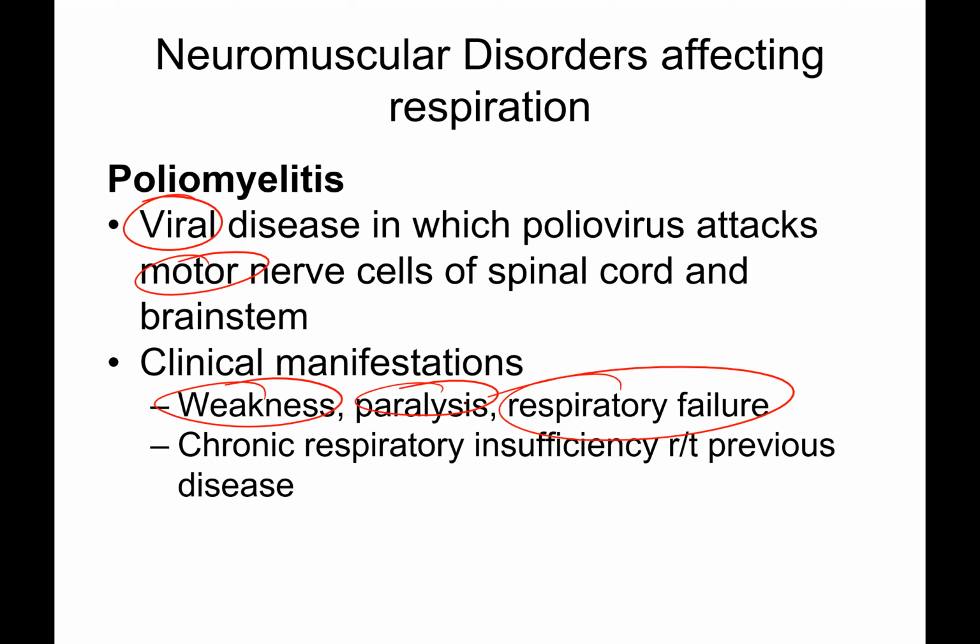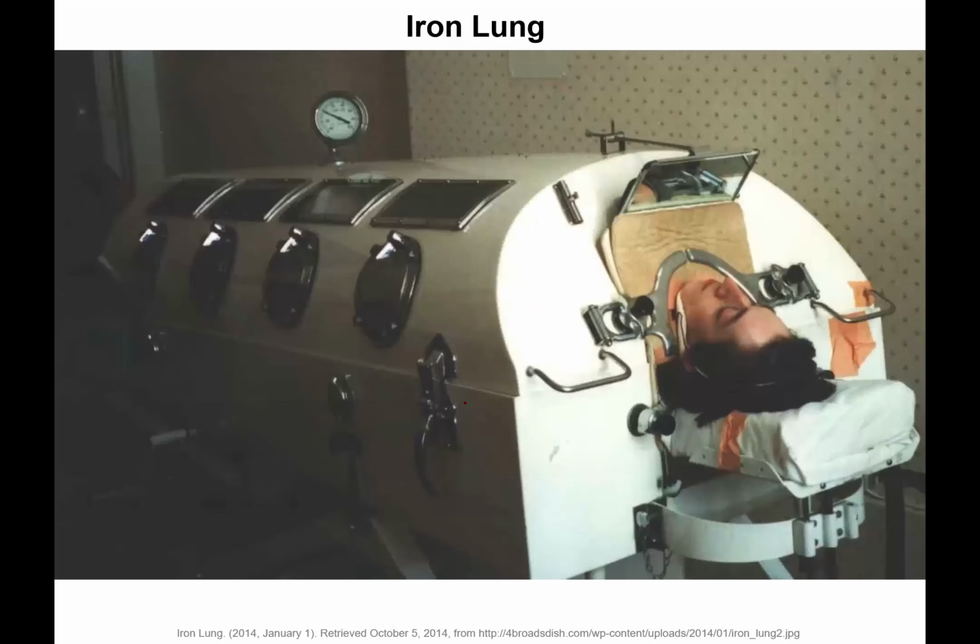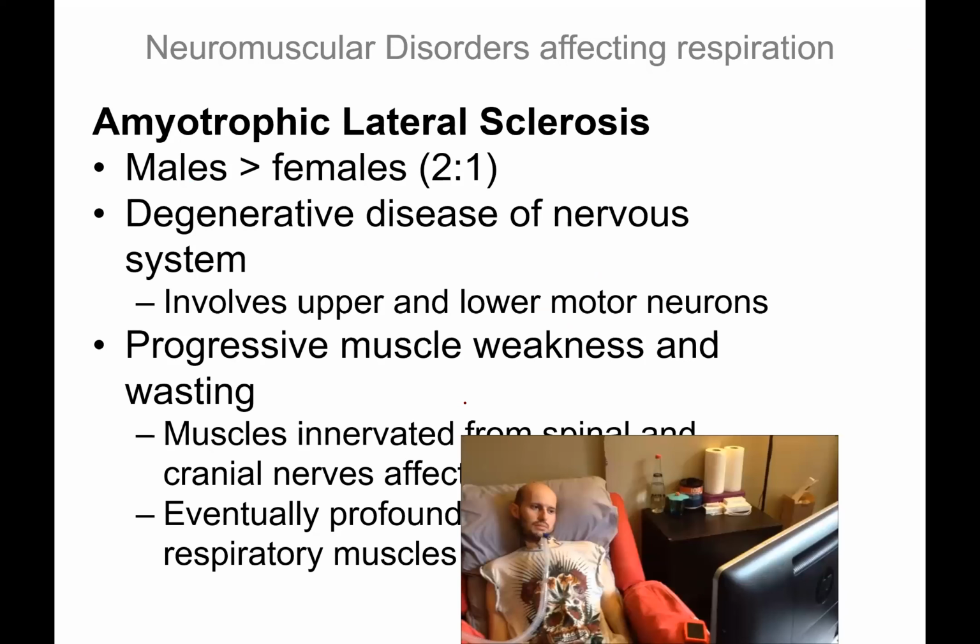Breathing takes a lot of muscles: diaphragm, intercostal muscles. There's a picture of an iron lung for you, a type of decompression for oxygen.